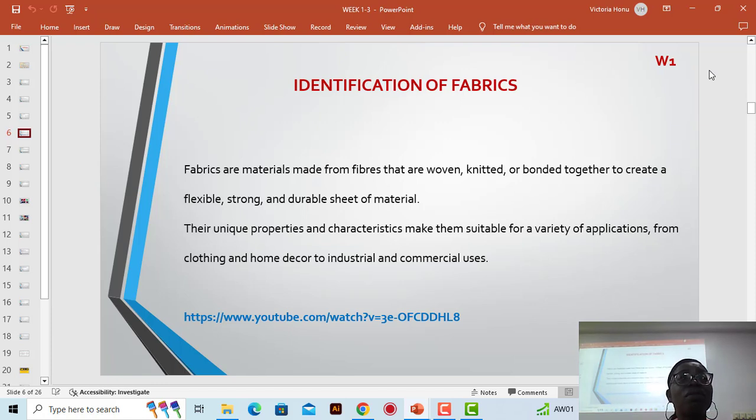Do you know the felt fabric? Felt looks like blanket, but let's say suede. Okay, suede. Do you know suede? Men's shoes.